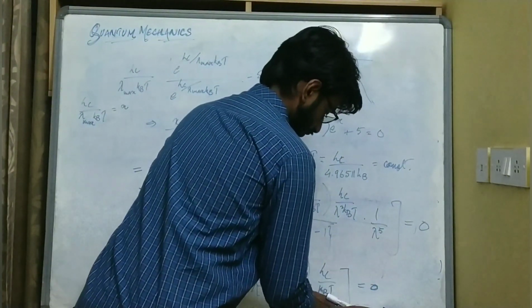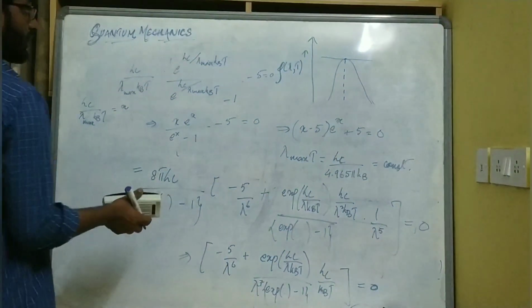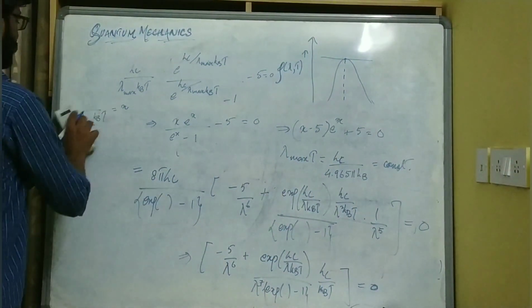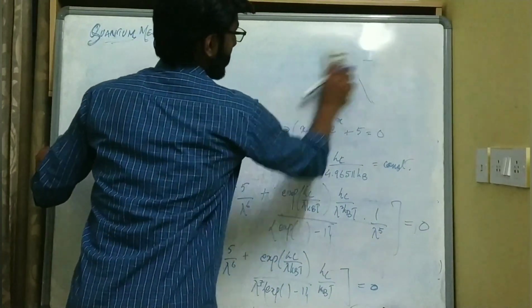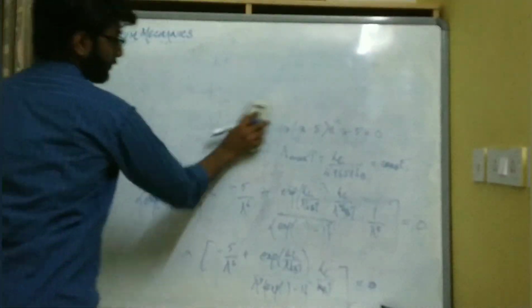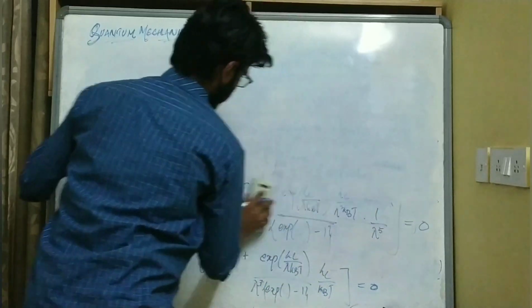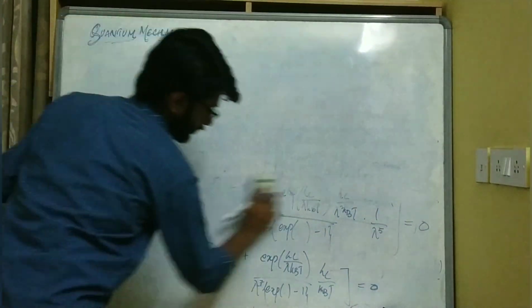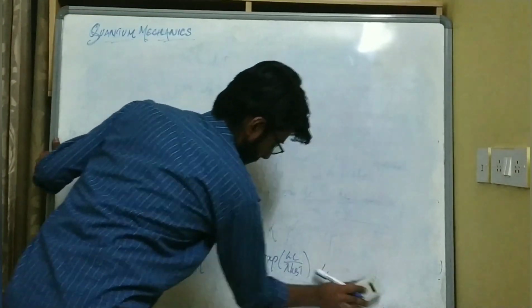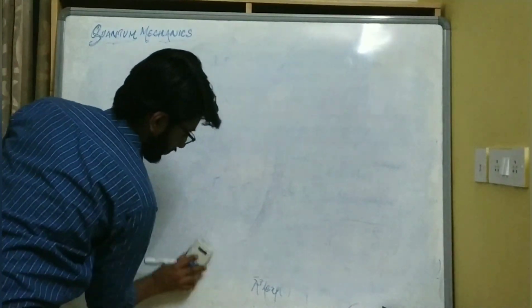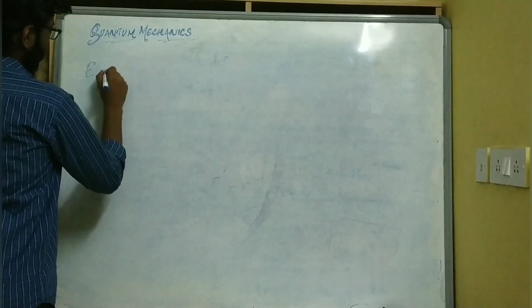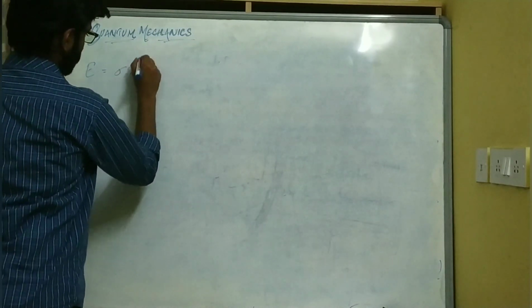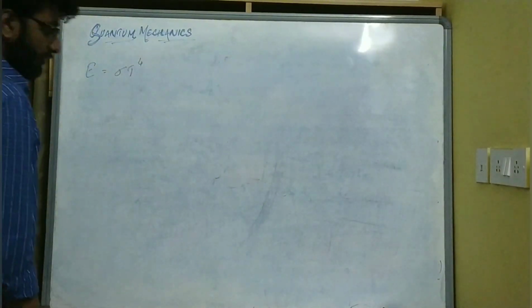This is the Wien's law, or the Wien's displacement law. Now we need to derive the other characteristic, which is the Stefan-Boltzmann law. If you remember the expression for this law, it's actually E equals sigma t to the power 4.